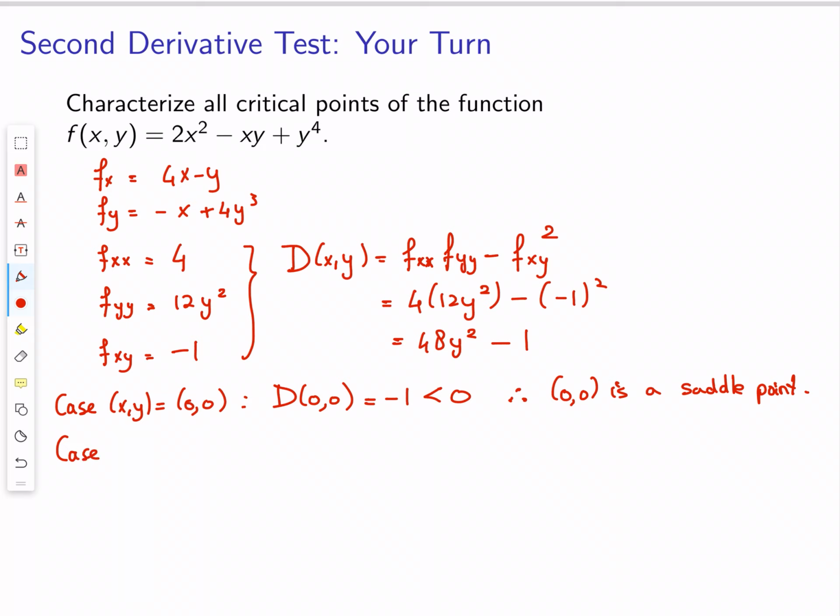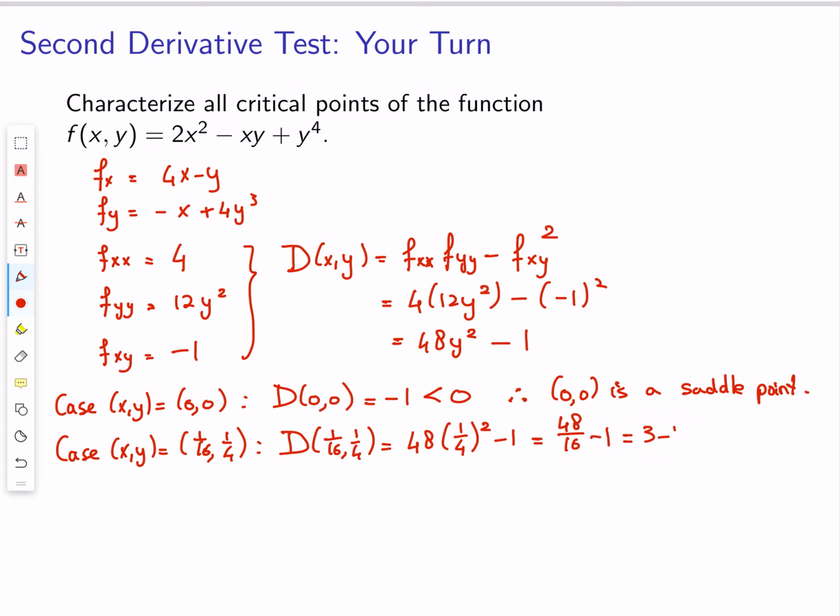So let's start with (x, y) being equal to (1/16, 1/4). The D value at (1/16, 1/4) is equal to 48 times 1/4 squared minus 1. So that is 48 over 16 minus 1, which is 3 minus 1, which is equal to 2. That's positive.